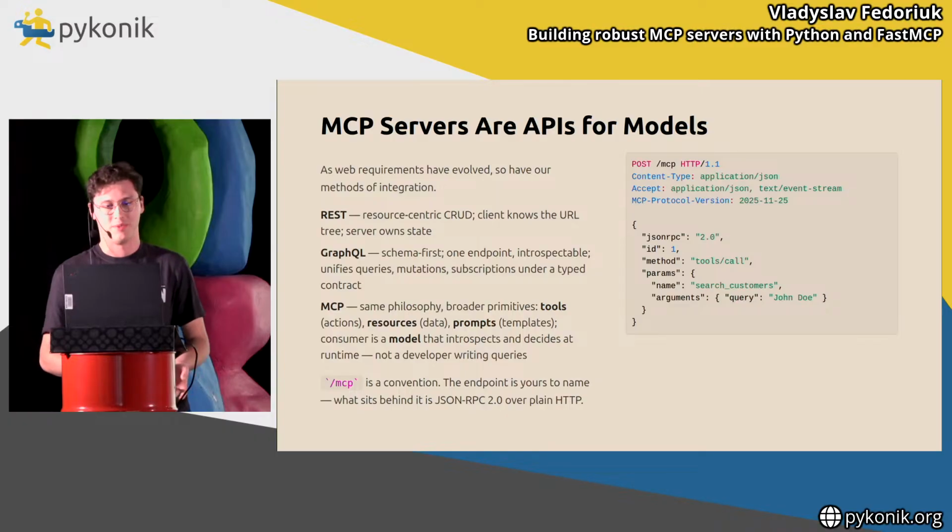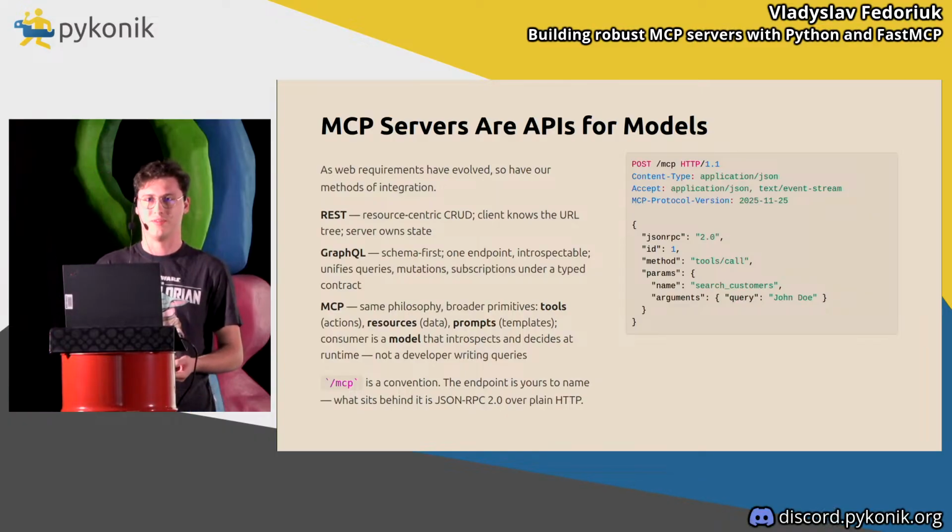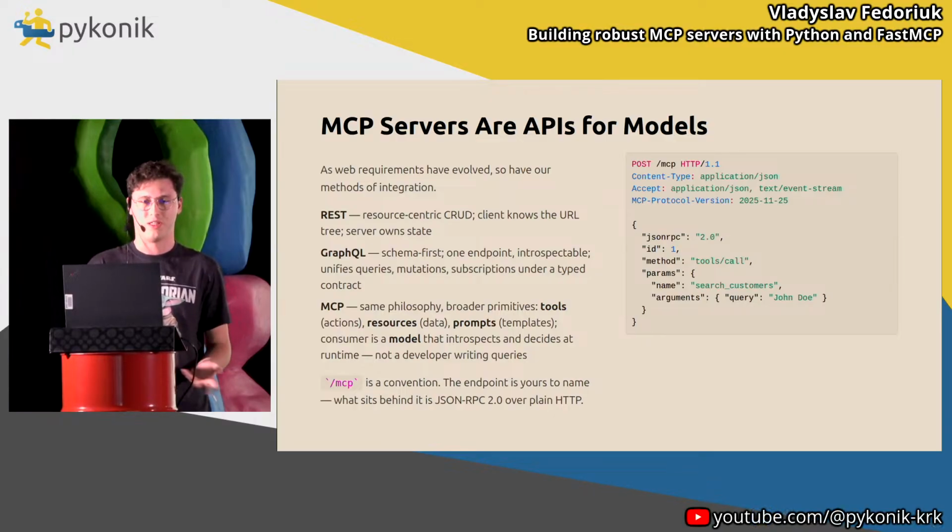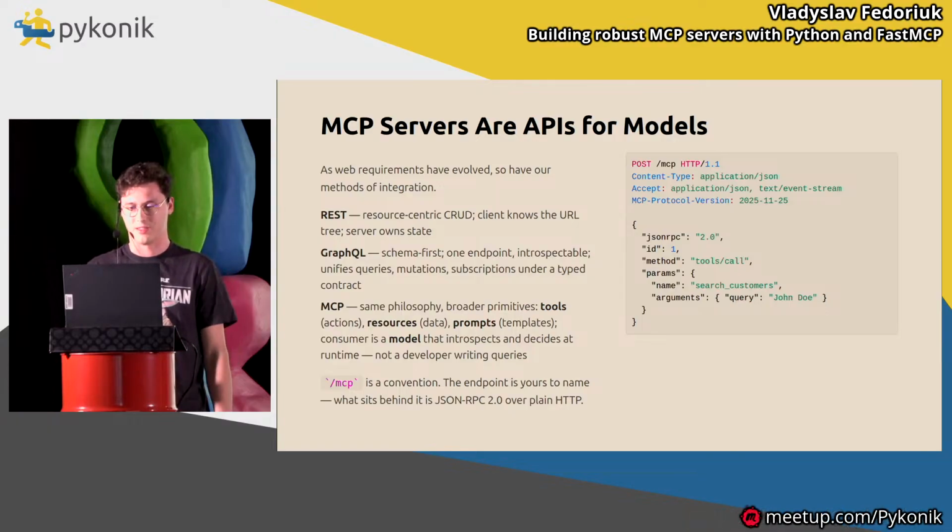MCP is just a convention. You can register your MCP server under any path endpoint you would like. It just speaks JSON-RPC 2.0 over plain HTTP, and you can introspect that into whatever you like.